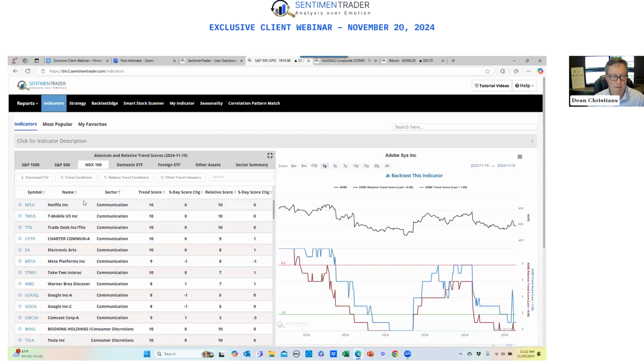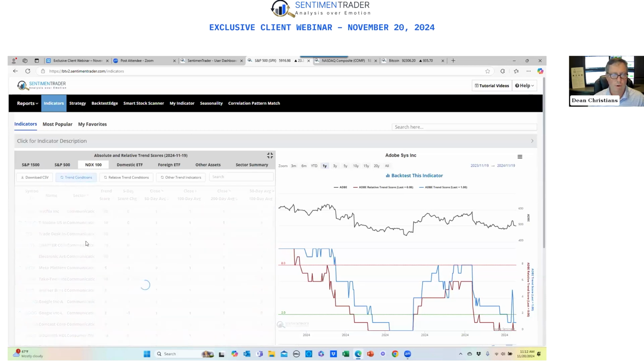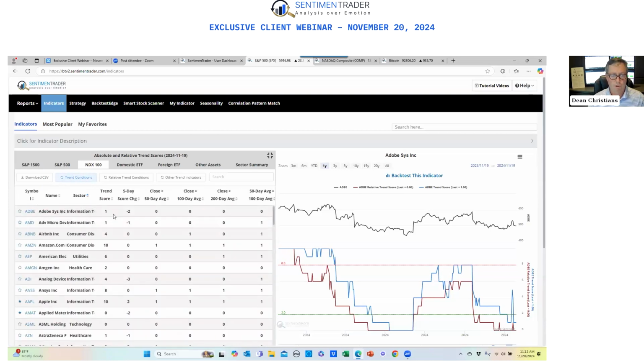Now, for each one of these, you can then dive in and see what the actual conditions are for an individual stock. So if we click on trend conditions, we're now going to see all the trend conditions for the absolute score. In this instance, Adobe has a trend score of 1, and a 0 represents a negative condition, a 1 represents a positive condition.